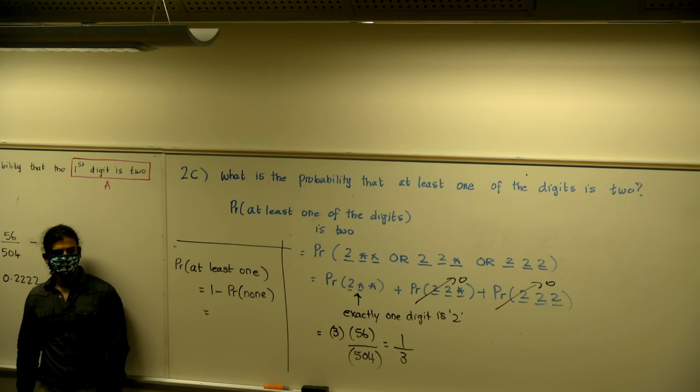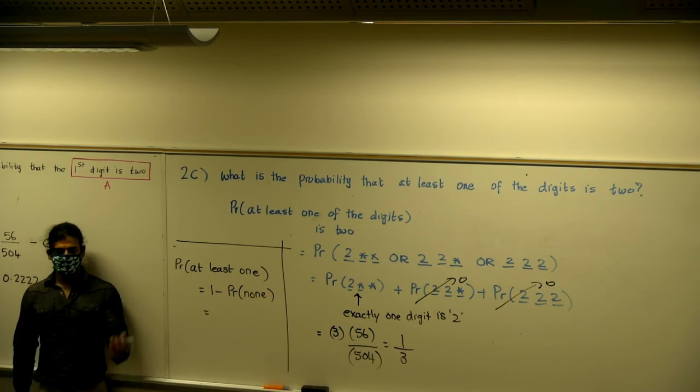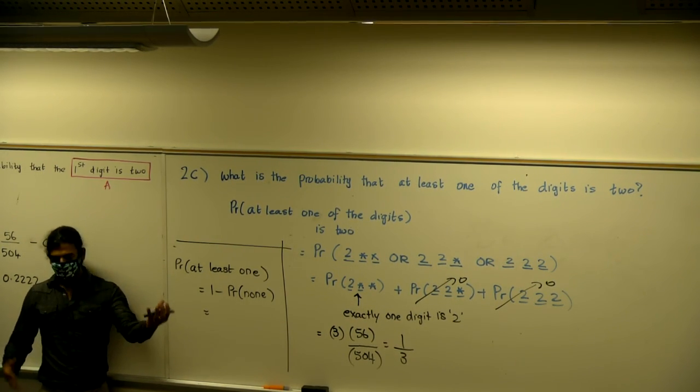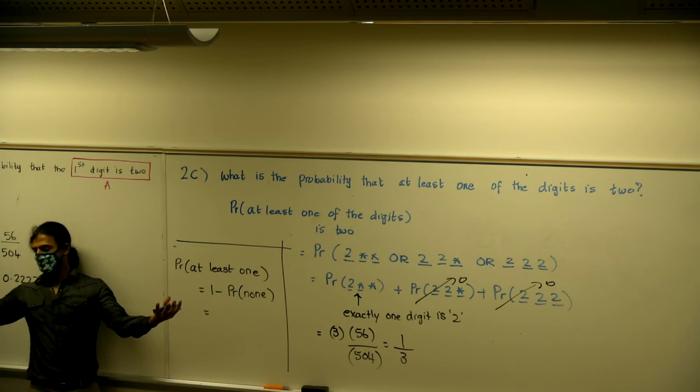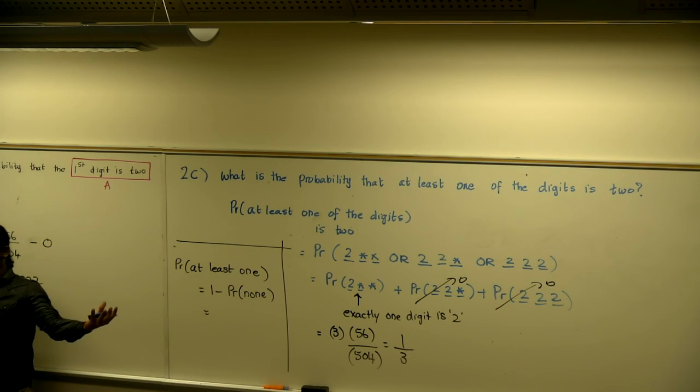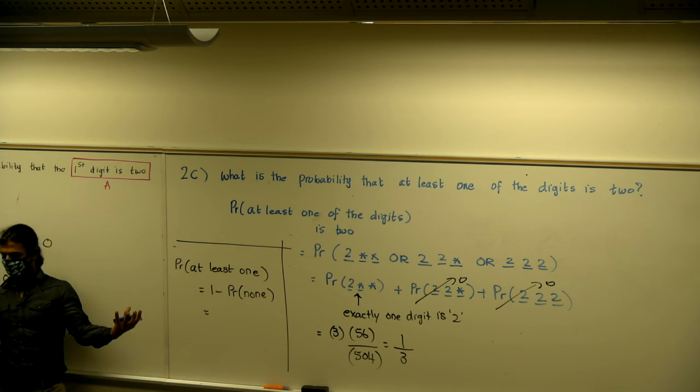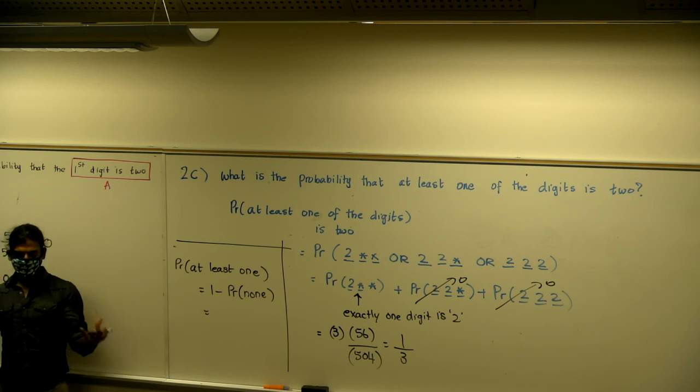If I have 9 distinct items, and I formed 3-digit codes, in how many ways did that happen? That was the very first part that we did. 504. 504, 9P3.